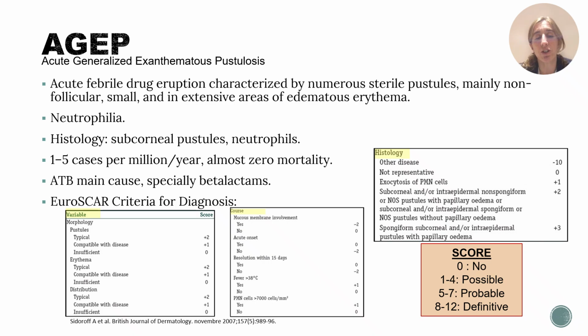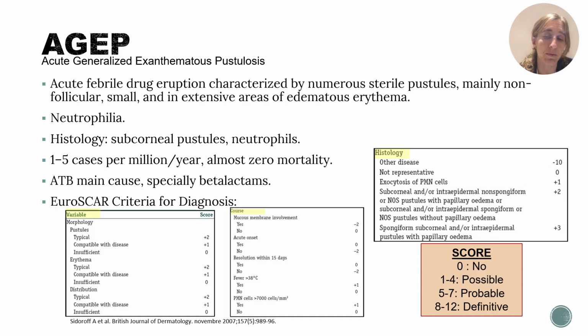The histology shows subcorneal pustules and neutrophils, and we find it in 1 to 5 cases per million per year with almost zero mortality. Antibiotics are the main cause, especially beta-lactams, and there is also a scoring criteria for the diagnosis. In this case, EuroSCAR, similar to what we have been describing for DRESS.